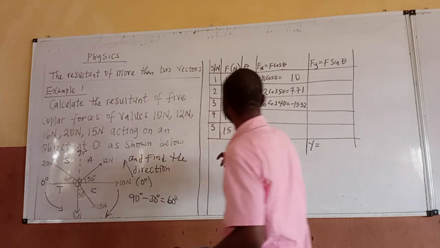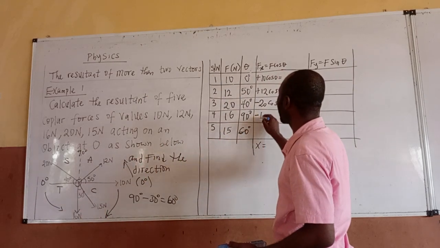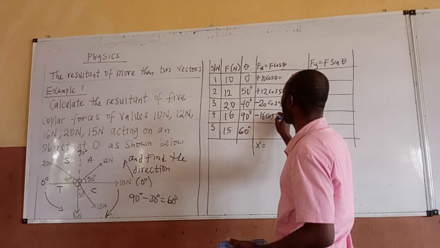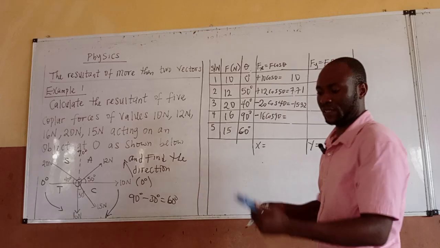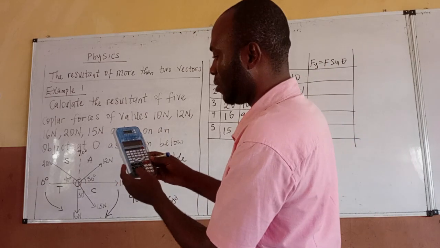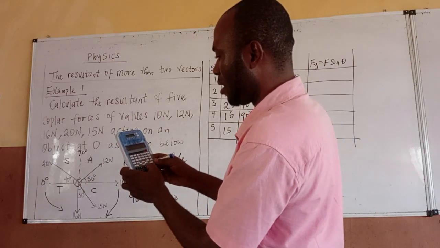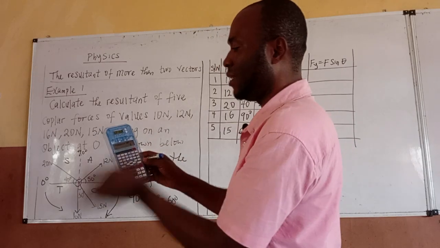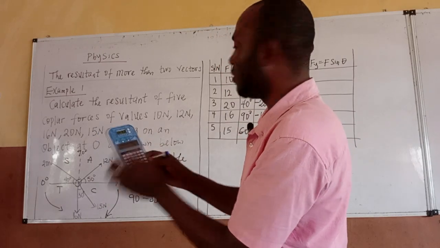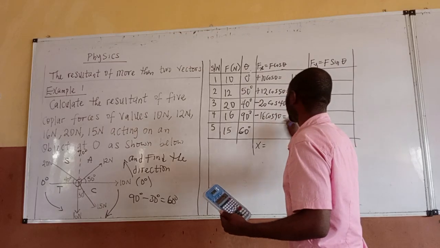So you have minus 16 cos 90. You punch minus 16 times cos 90. Cos 90 is 0, so the answer there is 0.